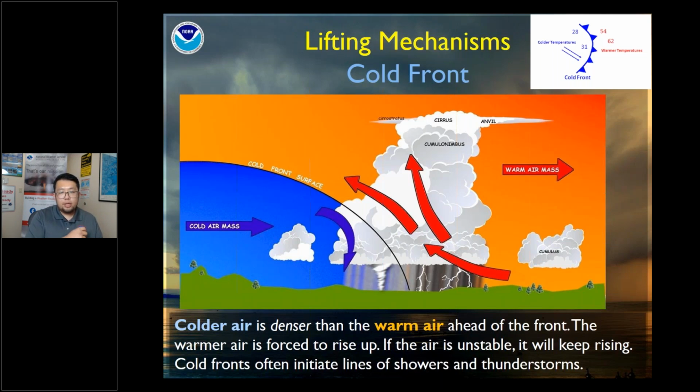And when cold air decides to rush into warm air, well, it's just going to lift the warm air right over its head. It's usually very strong. Cold fronts are typically a little bit stronger than warm fronts, and the warm air is forced to rise up. And if the air is unstable enough, it'll keep rising and rising and start forming a cloud. And that's how we get those really big and tall thunderstorm clouds. That's how we get precipitation, and that's how we start getting severe weather.